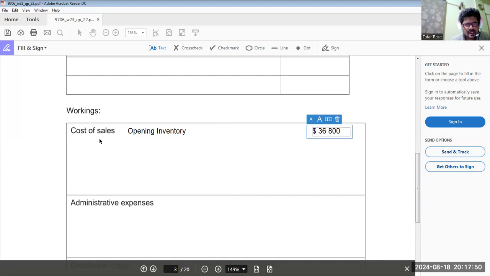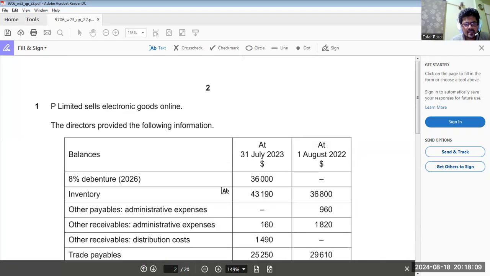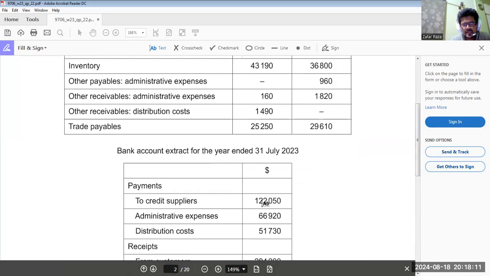Now purchases. I think the amount of purchases is not given over here. So we start with payment to creditors, add trade payable ending, less trade payable opening, and we'll get the amount of purchases.